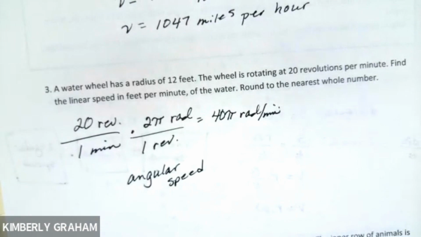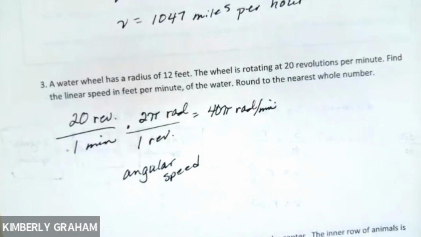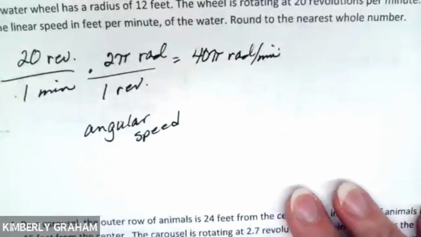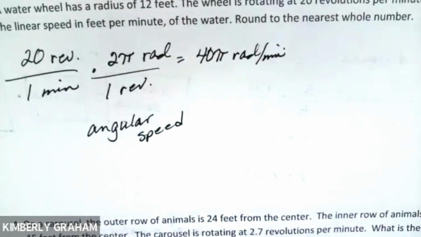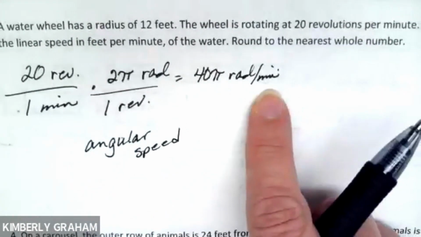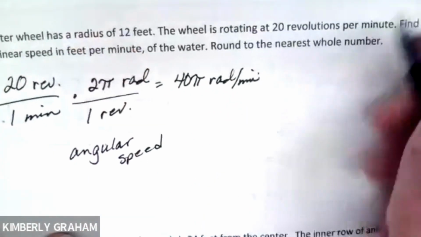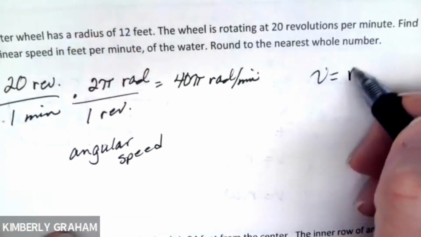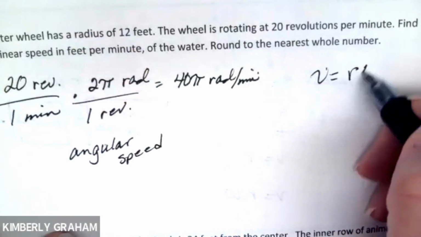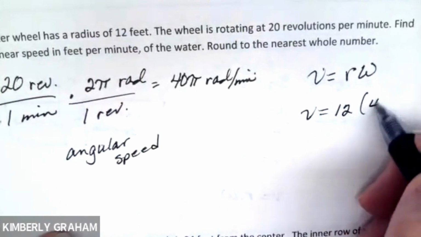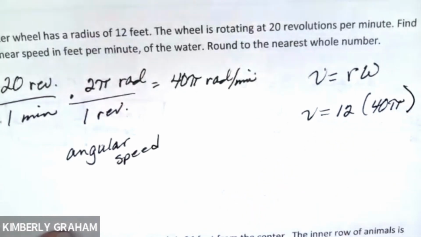Because it's talking about the change in the angle measure with respect to time. Let me zoom in there. You can see that a little bit better. Now I put that information into my formula along with this information up here where I have the radius is 12 feet. Okay. Linear is the radius times my angular speed. So it's going to be 12 times 40 pi.